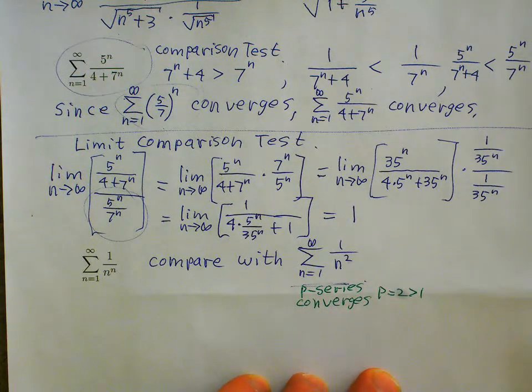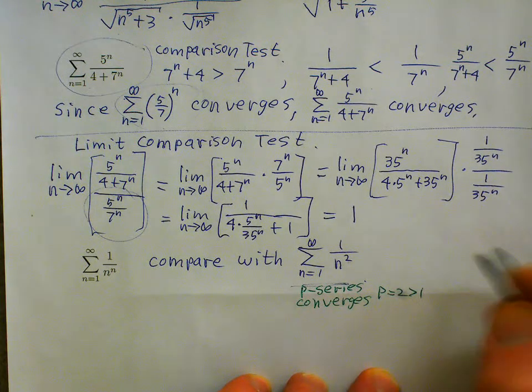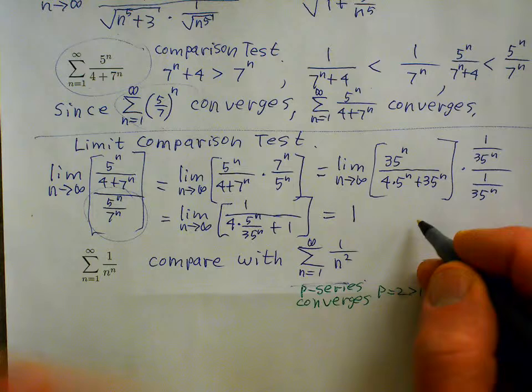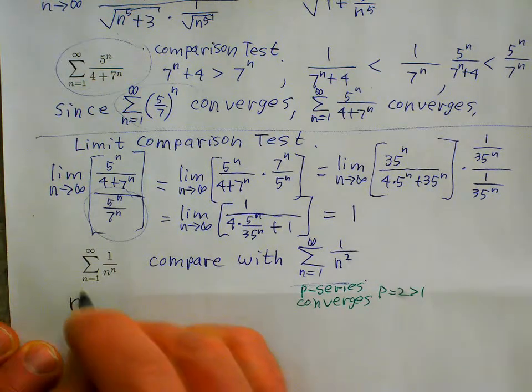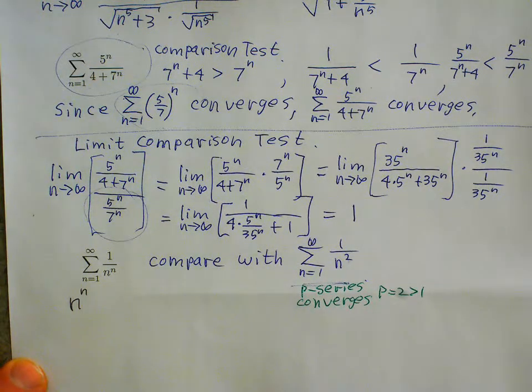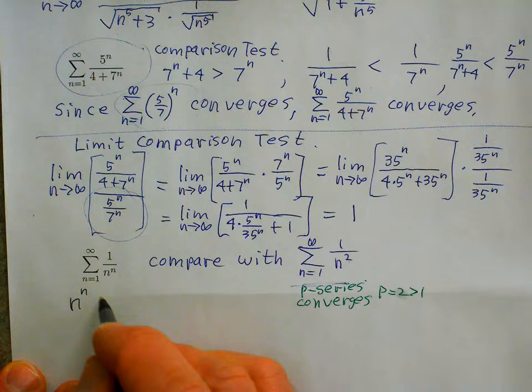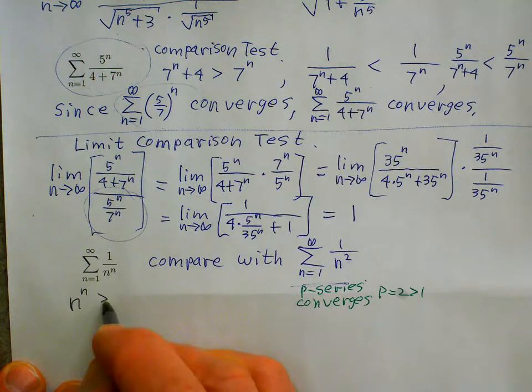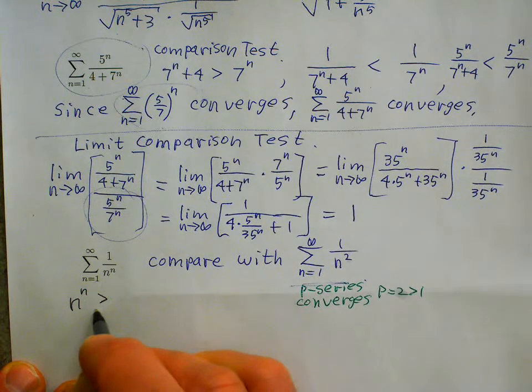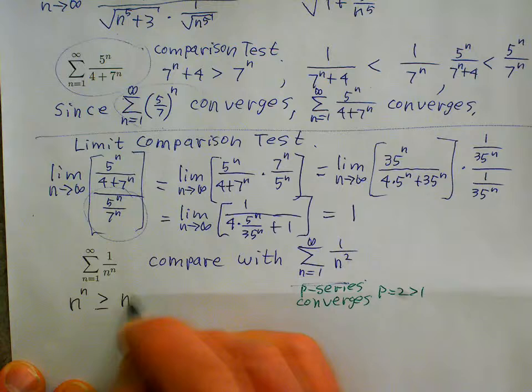So we can start by this. We can say n to the nth, is that going to be greater than, possibly equal to n to the second?